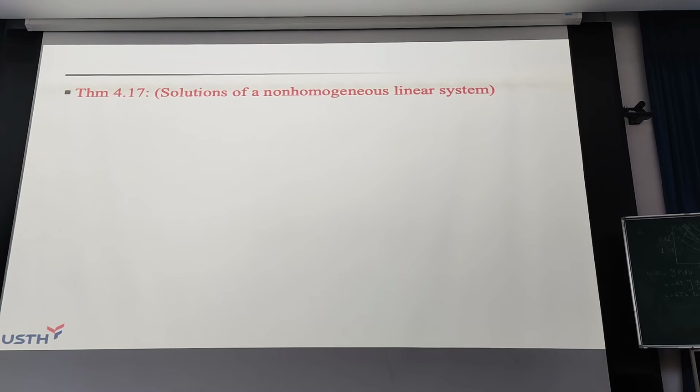But now we are going to study the solution of a non-homogeneous system of linear equations. By non-homogeneous system, you see the right hand side is no longer 0, 0, 0. We have some other things.